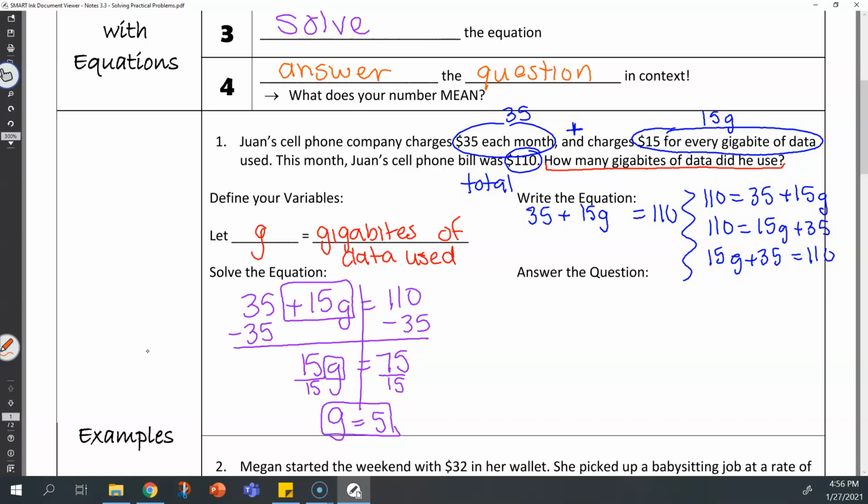So you can look at a couple different places to help you do this. Right here, you told me what G represents. G is the number of gigabytes. So G is 5, so 5 is the number of gigabytes that he used. So when I answer the question, I'm going to say he used 5 gigabytes of data.